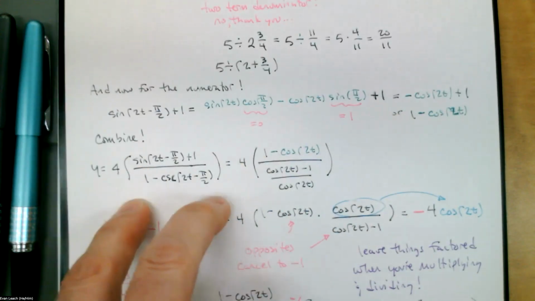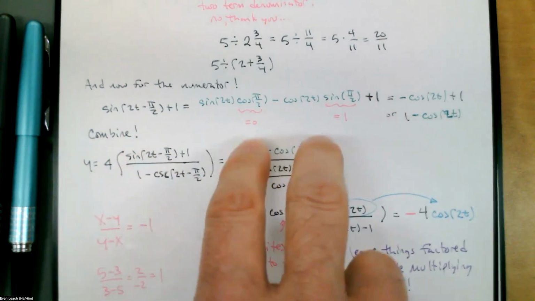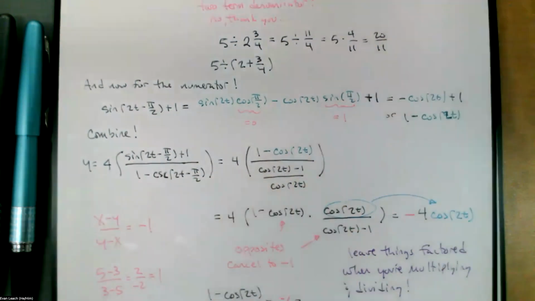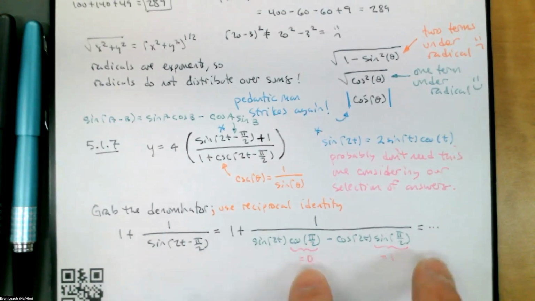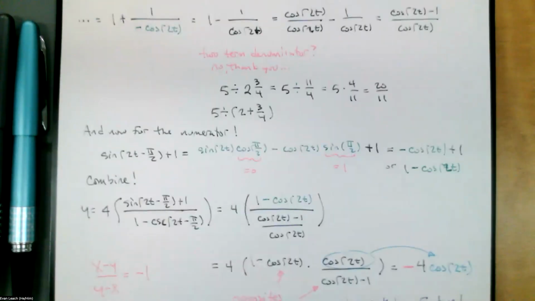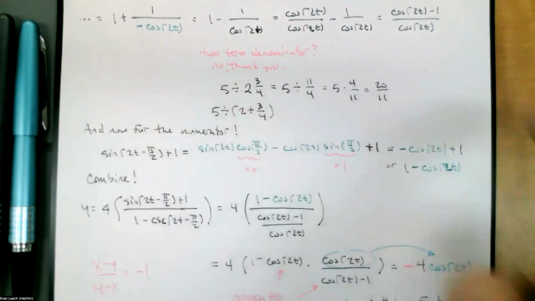So all this stuff up here goes from the top up here to the top over here, and from the bottom down here to this bottom down here. We did lots of steps. We did the reciprocal identity, the difference identity, calculated some, simplified some constants, and then got a common denominator.